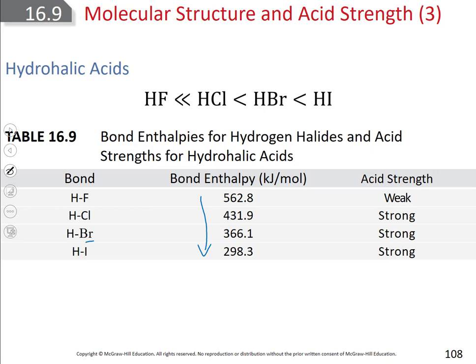Therefore, if we go up here at the top where we have a really high bond enthalpy for the HF, because fluorine is so strongly negative, because it is so electronegative, it is going to hold on to that positive hydrogen very strongly, and that's going to cause it to be a weak acid. It's not going to want to let go of that positive hydrogen. So that's why it doesn't become a strong acid. It doesn't let go of the hydrogen and ionize completely like a strong acid would.